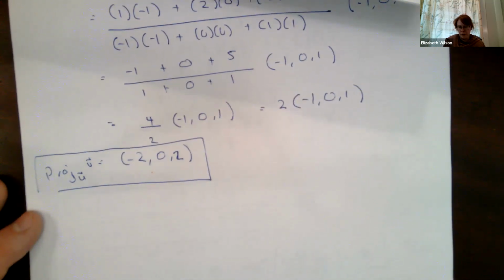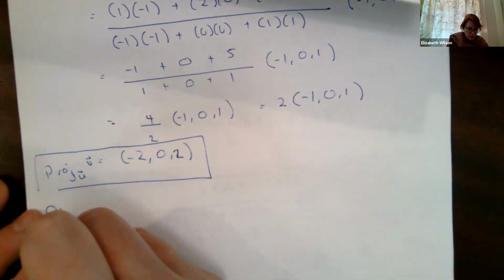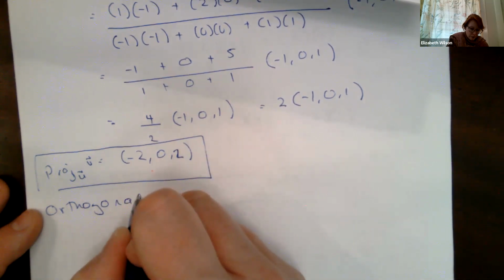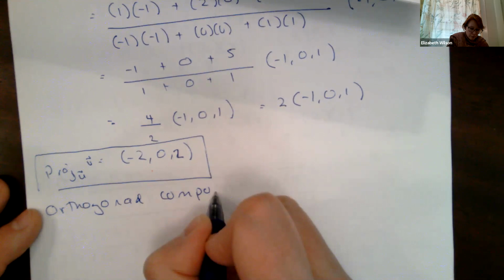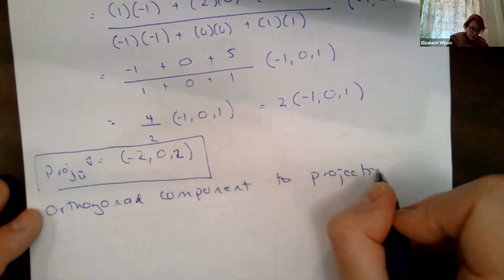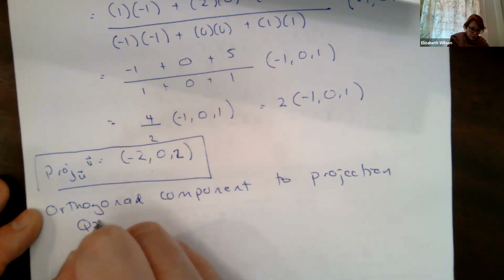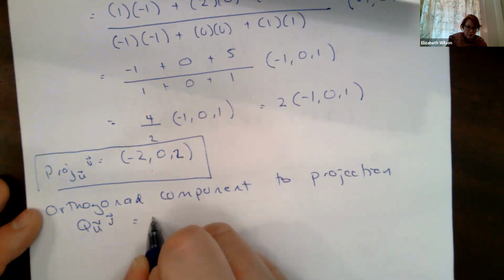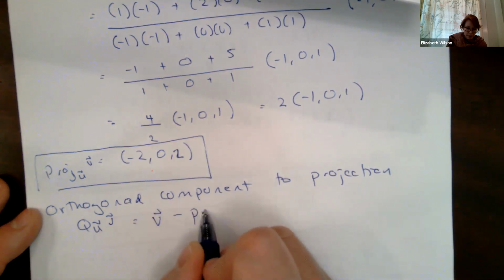We weren't asked for it, but let's go ahead and calculate our orthogonal component projection. That's our q. That was equal to v minus our projection.